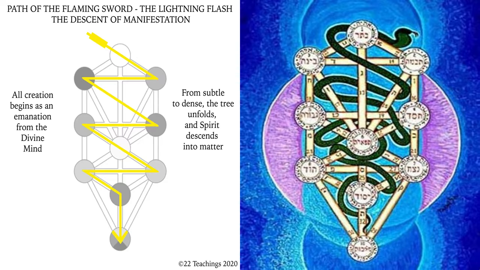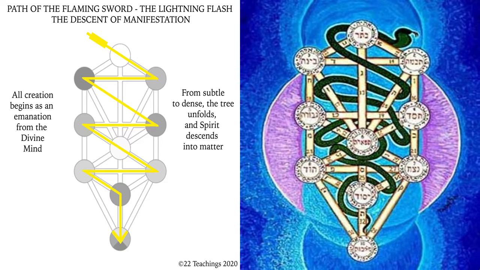You can see that the left-hand image is the Tree of Life with the yellow lightning flash descending the tree, coming into the top sphere, Keter, and then working its way to the right from Chokmah, to the left into Bina, diagonally down right into Hesed, left into Gebura, diagonally down right into Netzach, and left into Hod, before spilling down into Yesod and ultimately into the physical world, which is Malkut, or creating the physical world, right?